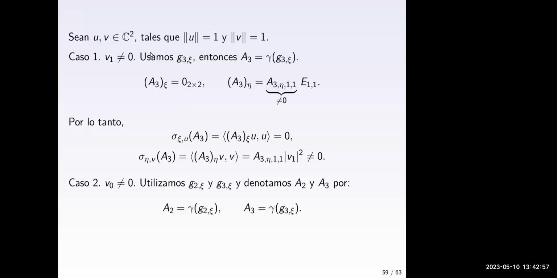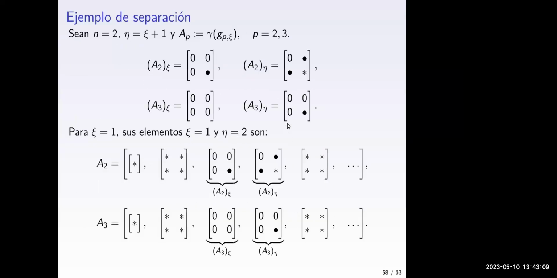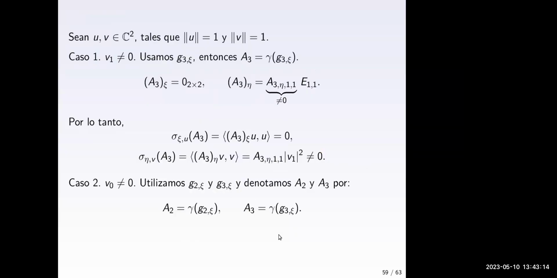Thank you. Now, okay, so we already know that E3C is 0. E3 eta is just a non-zero multiple of E11. Okay, so with this matrix, this pure state is 0 because A3C is 0.